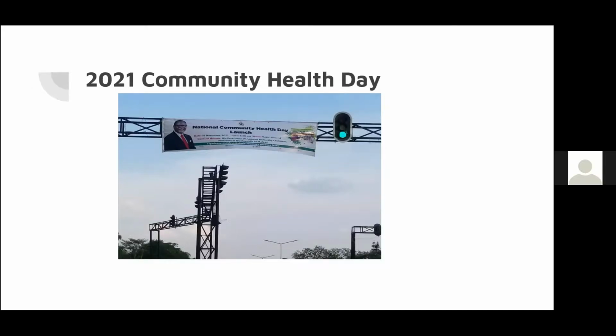This is one of those systems within the country which has political will from the highest level. As you can see from the picture, our president attended the national launch for Community Health Day, where this system was showcased.